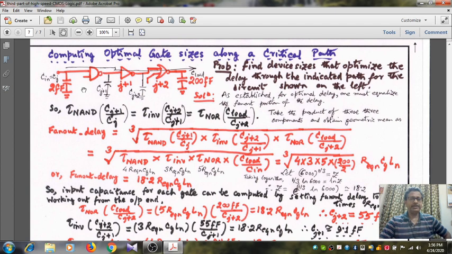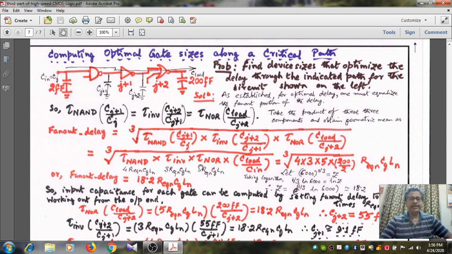Here you have considered a simple logic path consisting of a 2 input NAND gate followed by an inverter followed by a 2 input NOR gate. We get to know only the output load capacitance and the input load capacitance, that is 200 femtofarad and 2 femtofarad respectively. What is the size requirement of the transistors of individual gates?